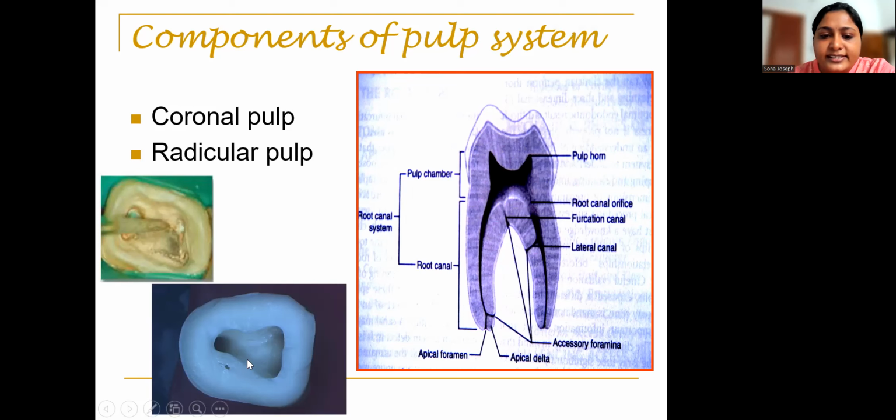Here there is a picture on the left side, which shows the pulp chamber cut in cross section at the CEJ level. Here we can see the different orifices at the floor of the pulp chamber. There is one more picture on top showing the orifices.